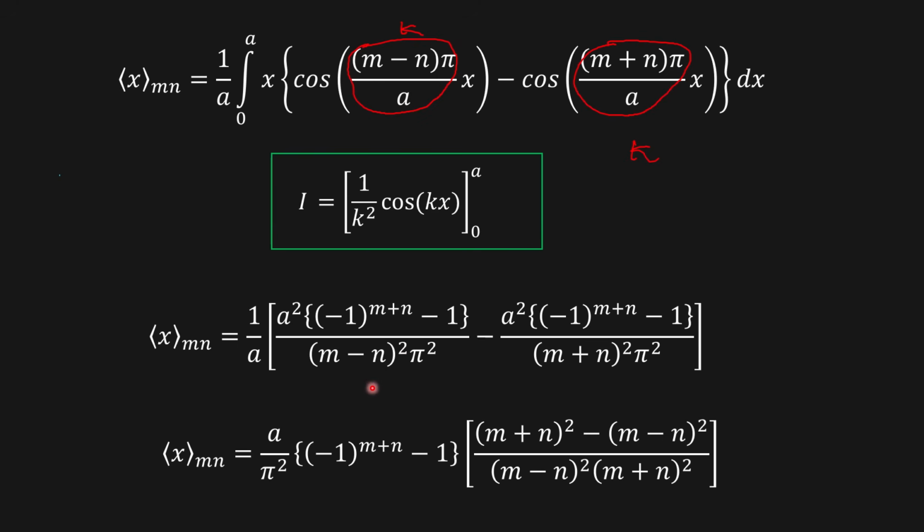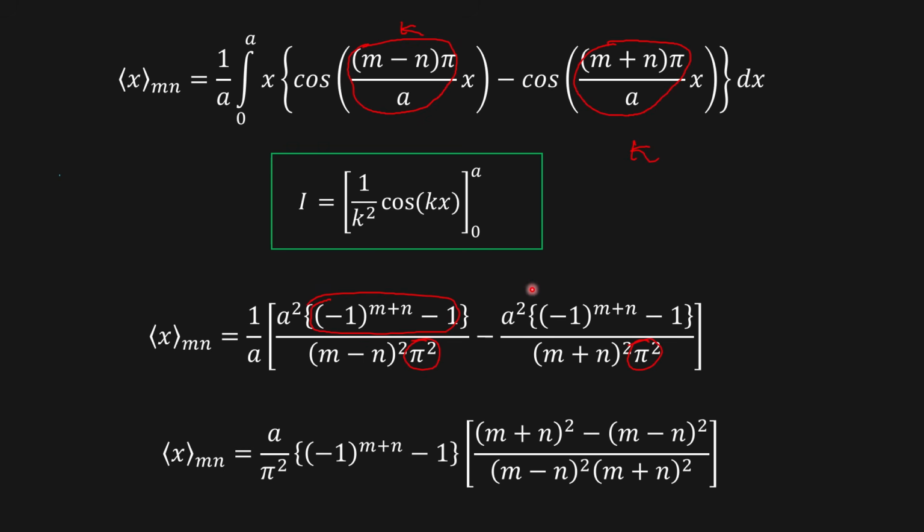If you take common, you can take a over here, you have pi squared here, pi squared here, pi squared here. You can take a over pi squared as common, and in both the numerators you have minus 1 power m plus n, minus 1.